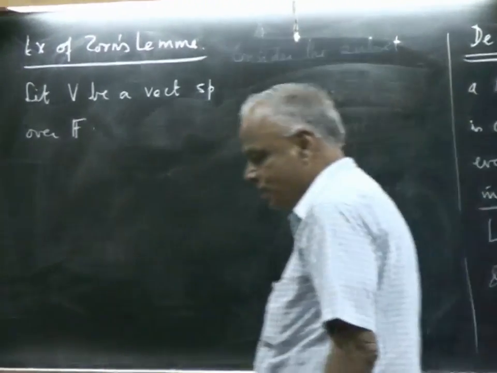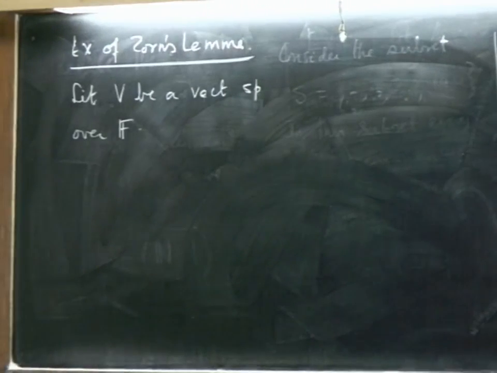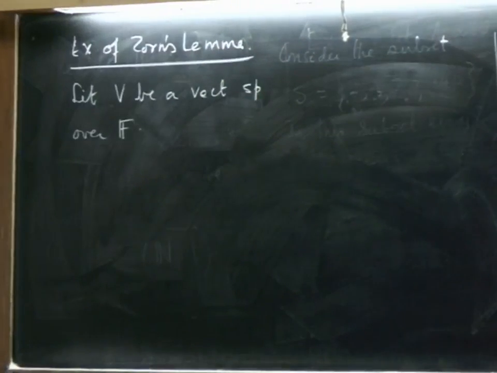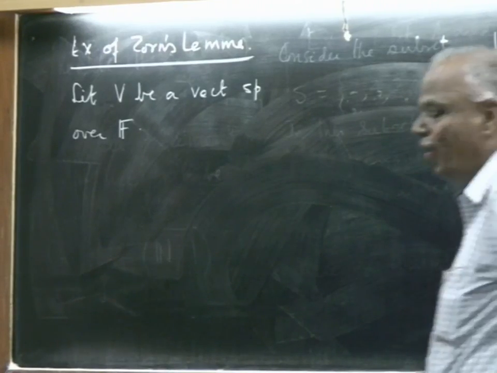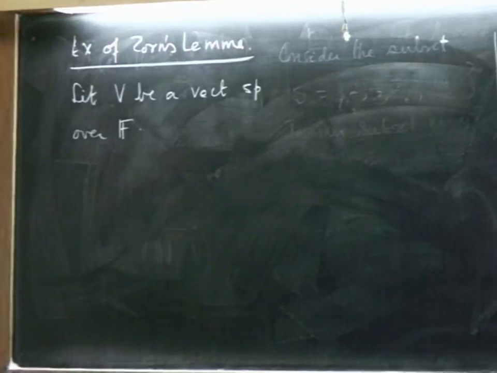Now we have the notion of linearly independent sets in a vector space. When do I say a set is linearly independent? Good. Somehow our mind goes back to linear combination. The moment I say linear combination, I can't be writing an infinite series, because in a vector space I don't know what is meant by convergence of an infinite series. So I am stuck with finite. So first of all, I will talk about when a finite subset is linearly independent.